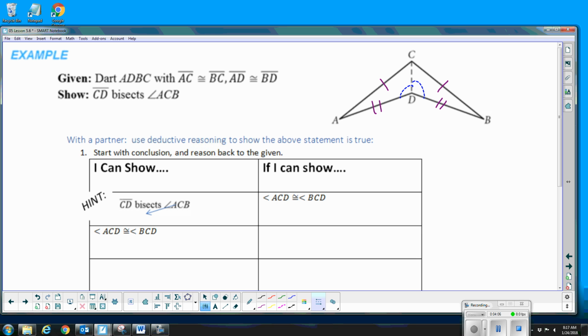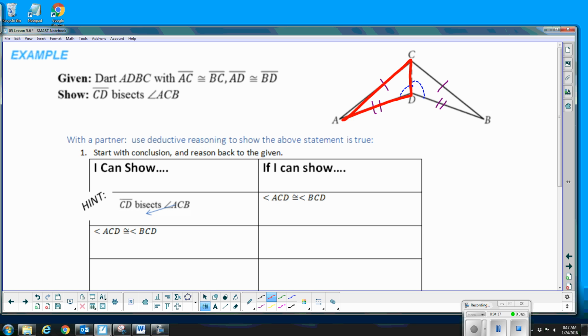Okay, maybe, but not yet. With this given information, if you look at that, there's no way to tell. I mean, you can use your protractor and measure, but that's not how you do a proof or deductive reasoning. So I can show that those two angles are congruent if I can show the triangles are congruent.